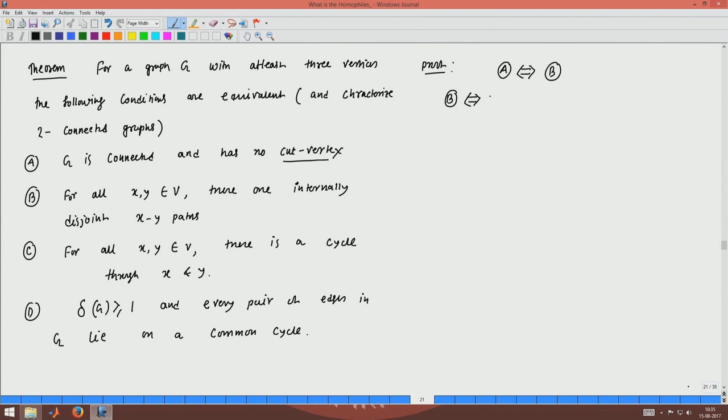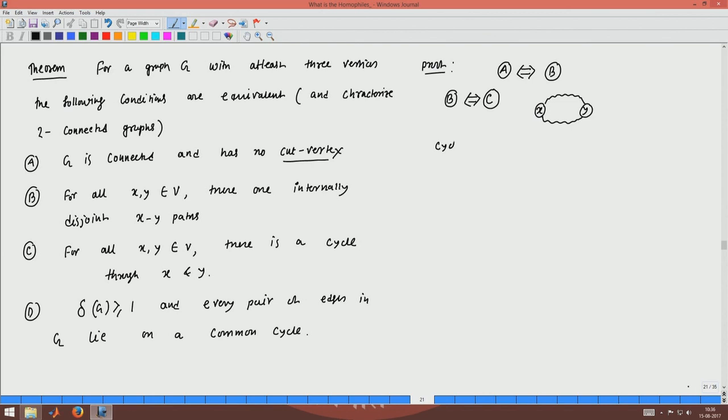Now, what about B equivalent to C? This is also true, because B says you take any two vertices x and y, there are internally disjoint paths between x and y. And C says that for all x, y there is a cycle through x and y. Now, you can see that these two are the same statement.